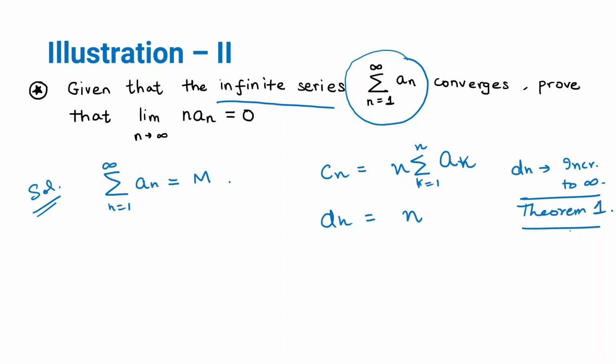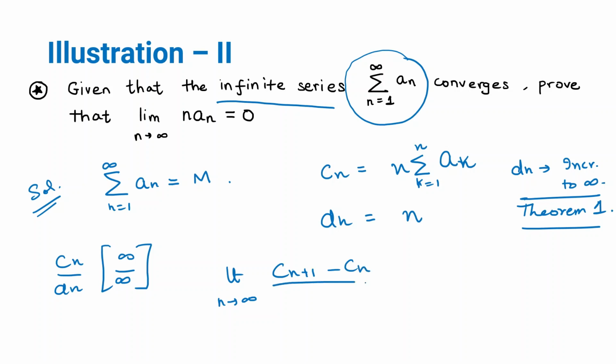So again we're going to be using theorem 1 of this Cesàro-Stolz theorem. We have that cn by dn is kind of like an infinity by infinity case. So what we're going to look at is the limit as n tends to infinity of cn plus 1 minus cn divided by dn plus 1 minus dn.